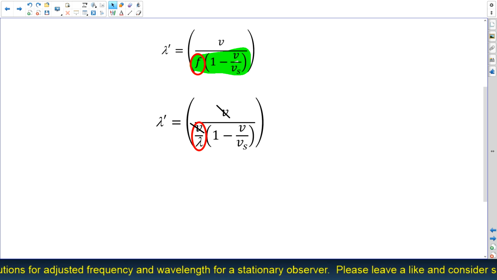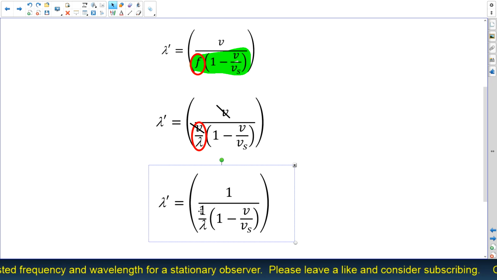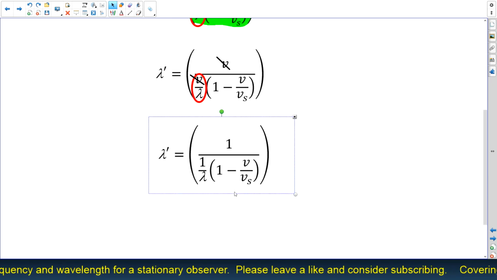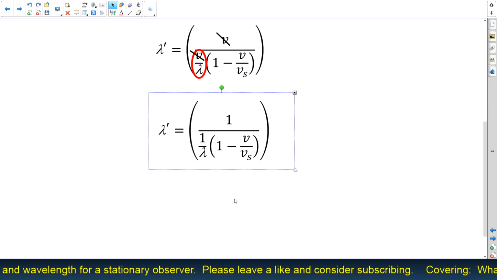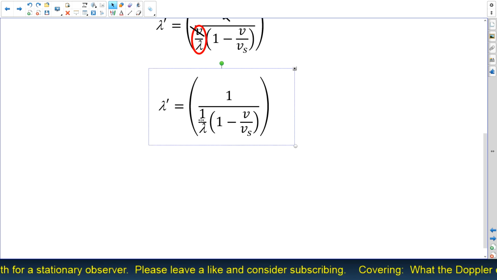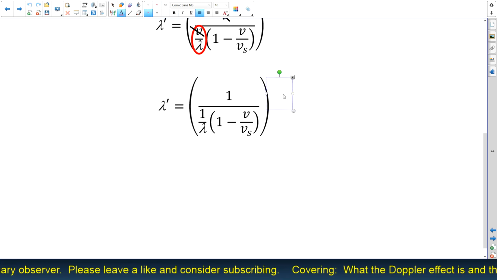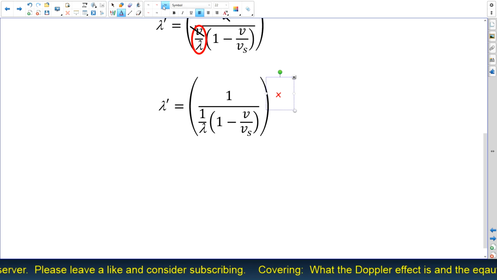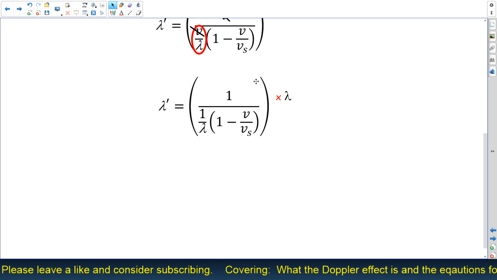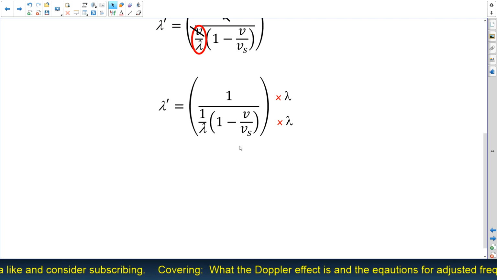Okay, so if I do that, my v here becomes a 1, my v on the top line becomes a 1, and I now have this situation. Now, I don't particularly like having a 1 over lambda situation going on here, so I'm going to multiply the top of this equation by lambda, and of course, because I've multiplied the top by lambda, I must multiply the bottom by lambda.